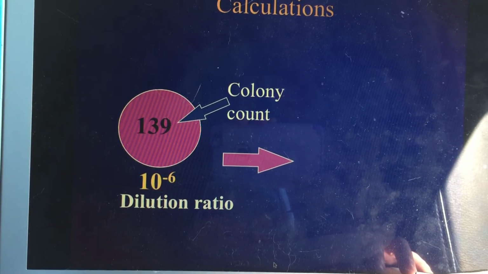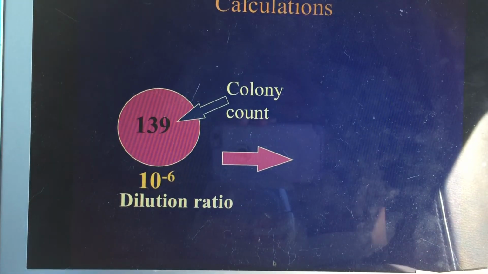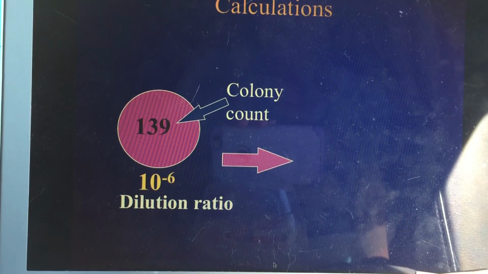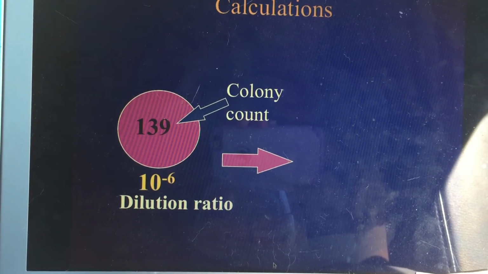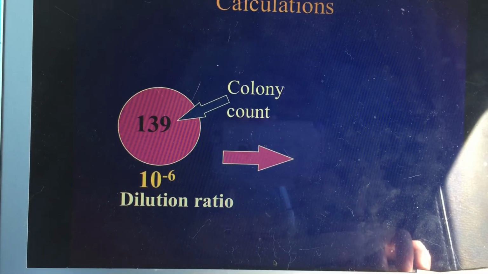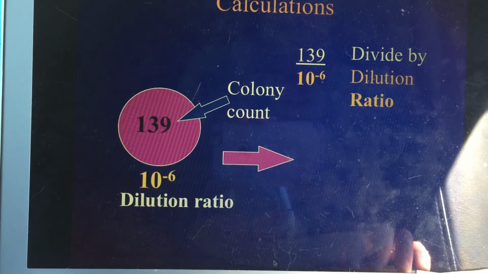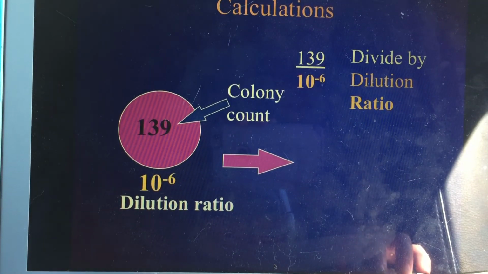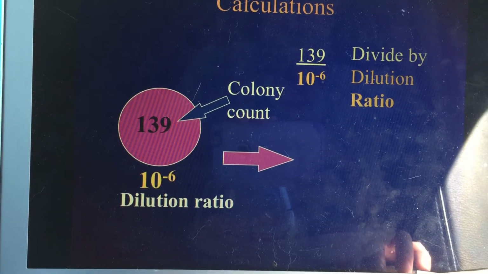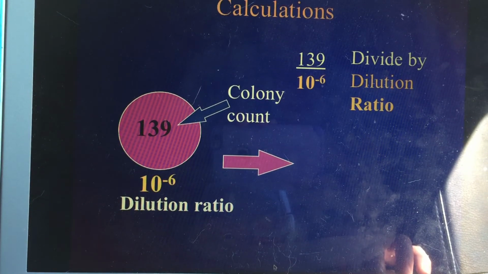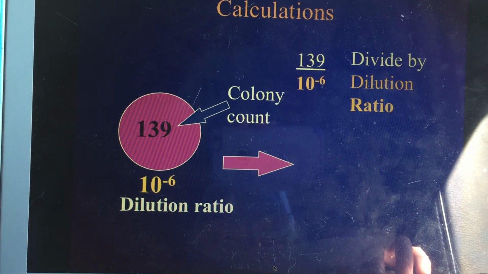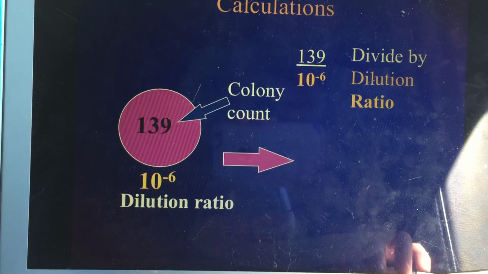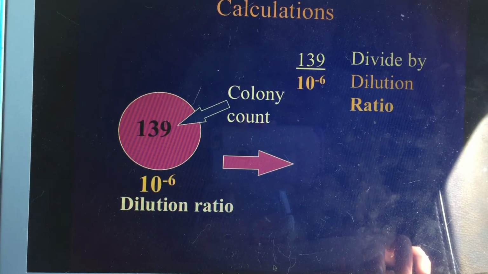There weren't 139 cells in every 1 milliliter of our sample because we diluted it 6 times before we actually put it on the plate to grow these colonies. So this can be calculated in two different ways. We can take our 139 colonies and divide it by the dilution ratio. So we have 139 divided by 10 to the minus 6. So this is your dilution ratio, which always has the negative exponent. That I definitely need a calculator to do, and I cannot do in my head.